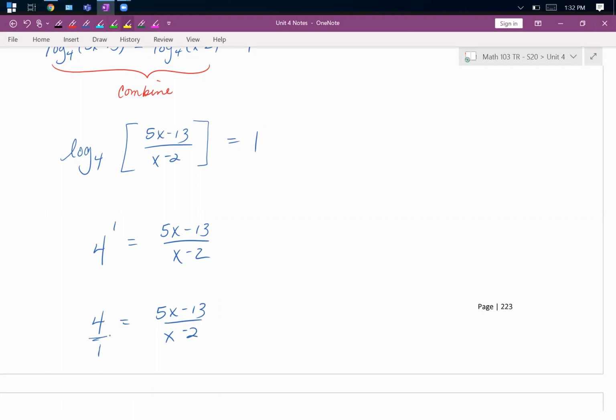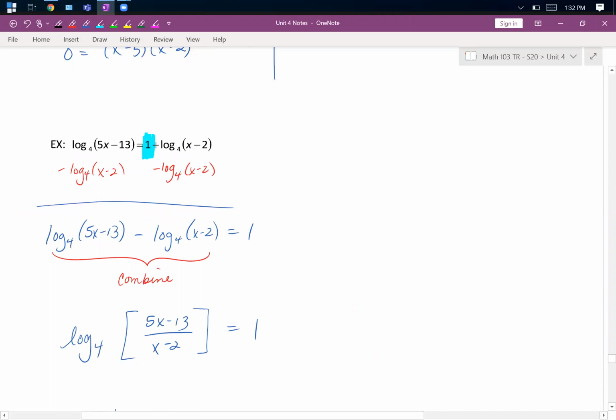We have a rational equation, so we're going to cross multiply to solve. That's going to give us 4 times x minus 2 equals 1 times 5x minus 13. 4x minus 8 equals 5x minus 13.